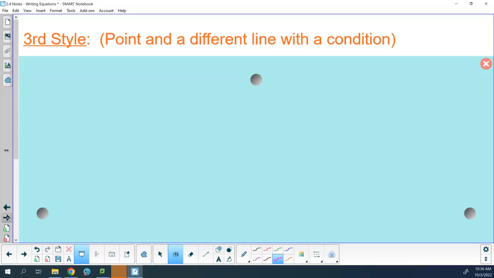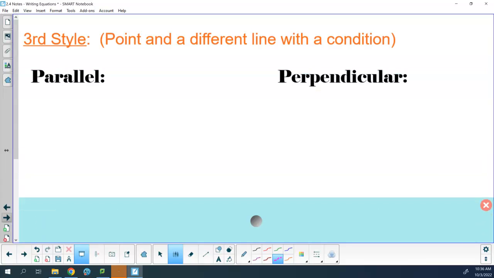So you've got to know your parallelness and your perpendicularity. Remember that if two lines are parallel, they have the same slope, meaning m sub 1 is the same as m sub 2.